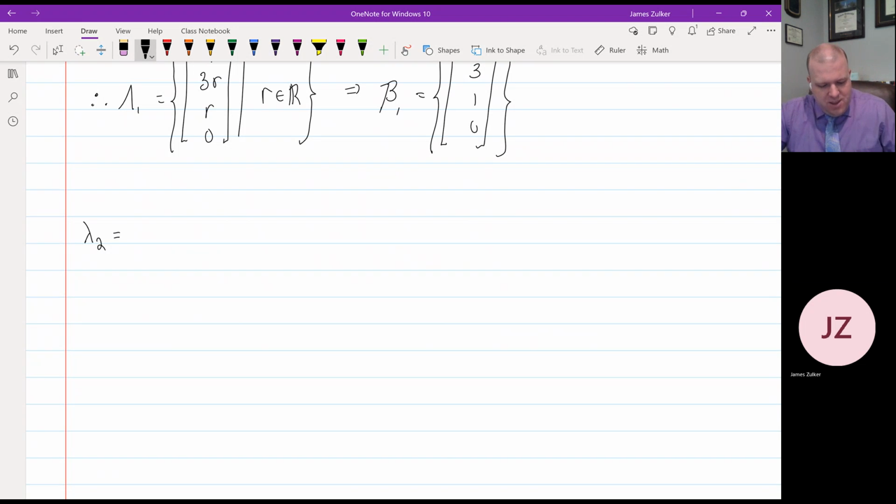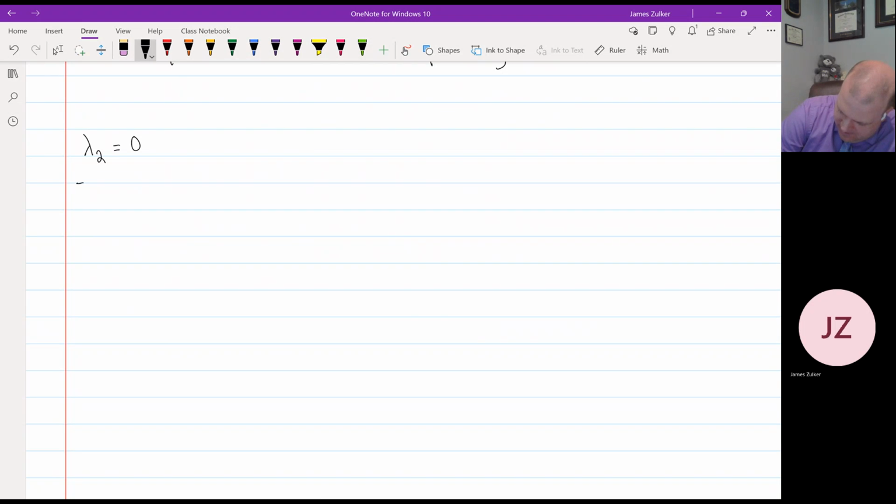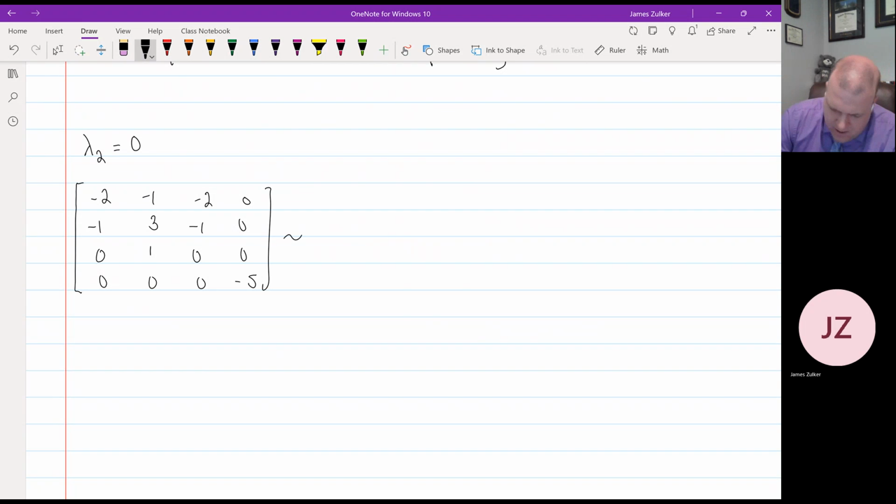For lambda2 equal to 0, so the eigenvalue 0, this will reduce.